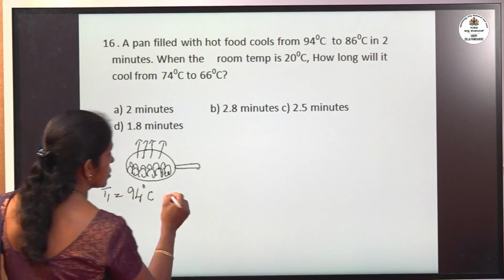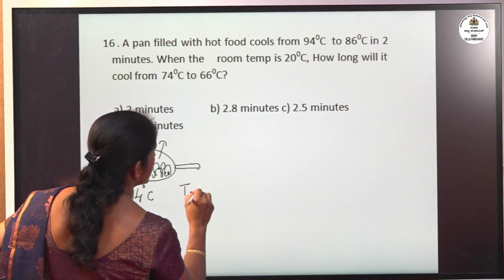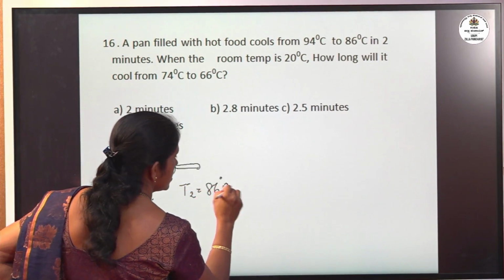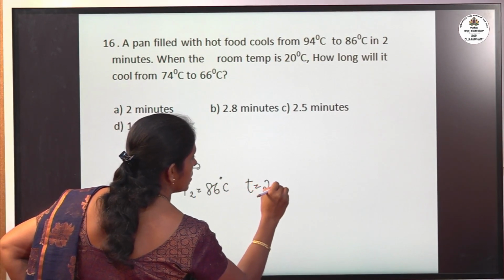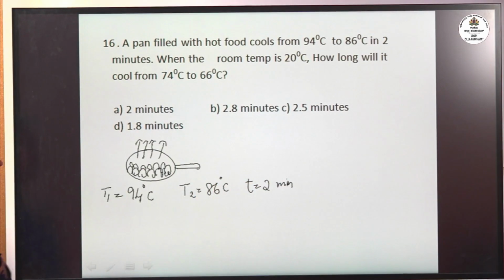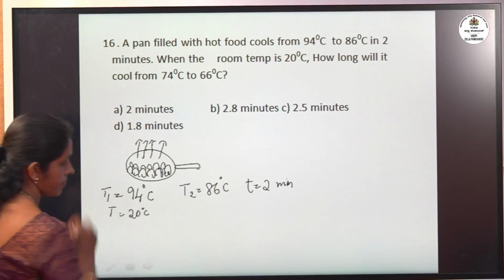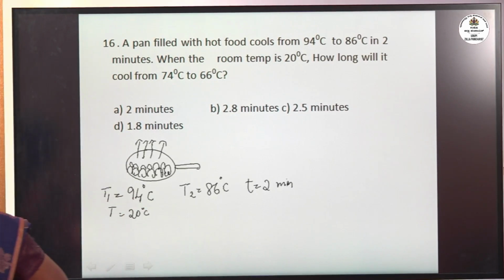It cools to 86 degrees Celsius. Time taken is 2 minutes. And the surrounding temperature is 20 degrees Celsius. This question is based on the concept of Newton's law of cooling.